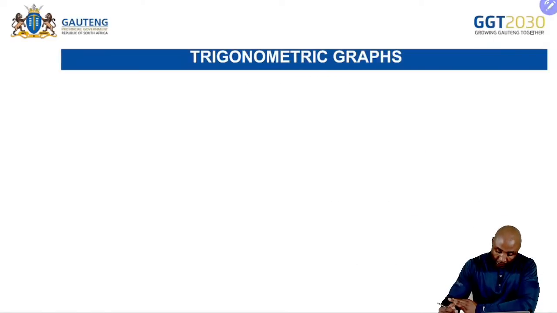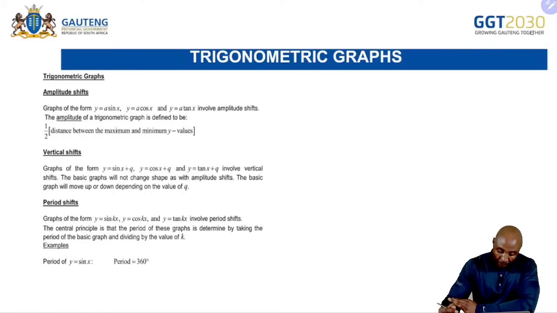I'll move on to trigonometric graphs. We know our amplitude, it's the stretch of our graph, and for us to get the amplitude, please, amplitude does not have a sign.